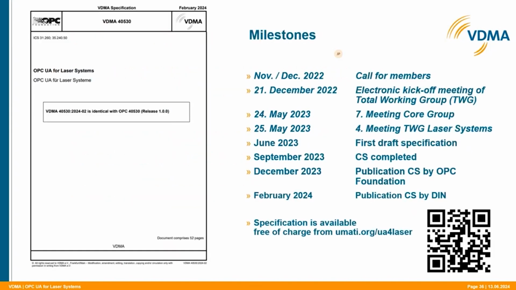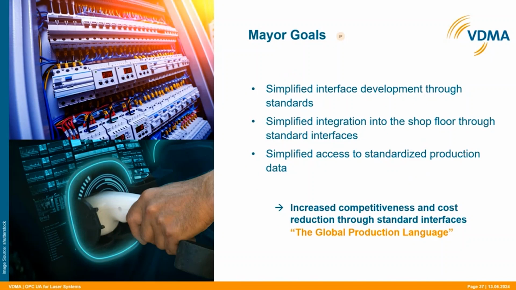So going to the next slide. Here, maybe the note is, please use the QR code or the URI on the left side. This will direct you directly to the download page, and you can download the whole specification in a PDF form. So please use the QR code to download the specification.